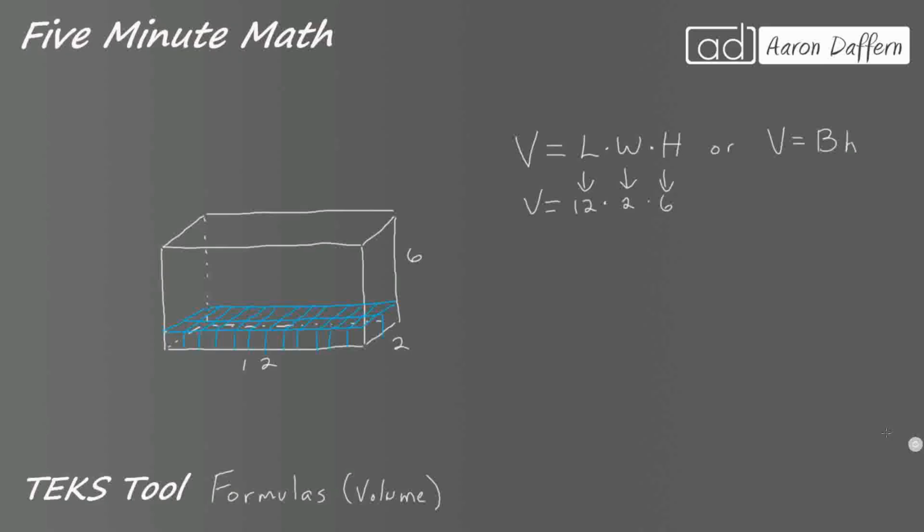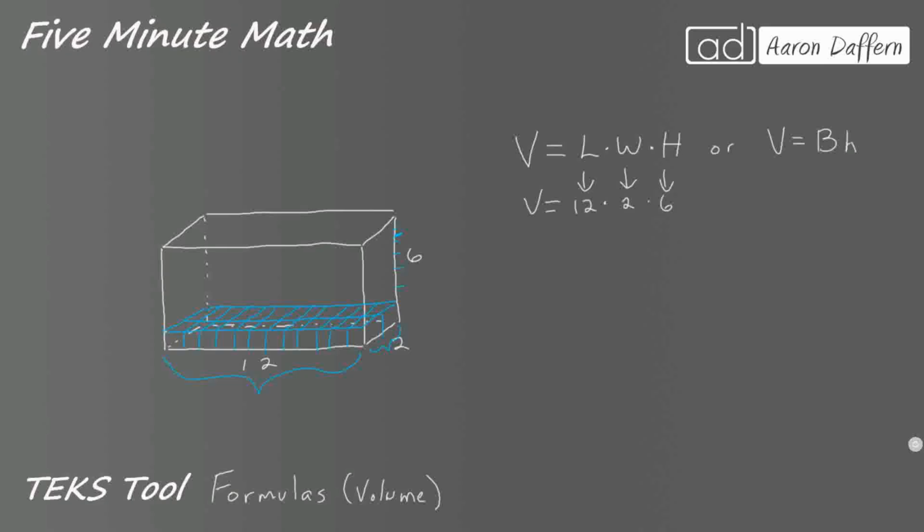I have a bottom layer, and this bottom layer has 12 across, then 2 going back, and I've only got that bottom layer. We would end up having 6 layers if we were to include all of the layers. Right now, we've just got that bottom layer.